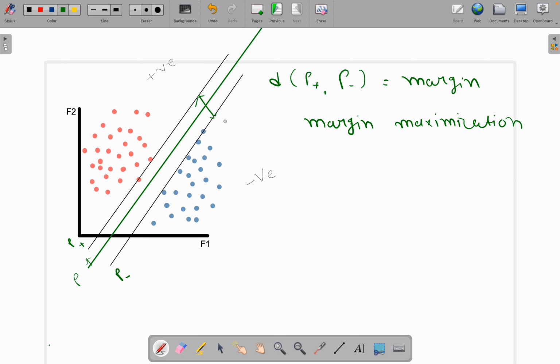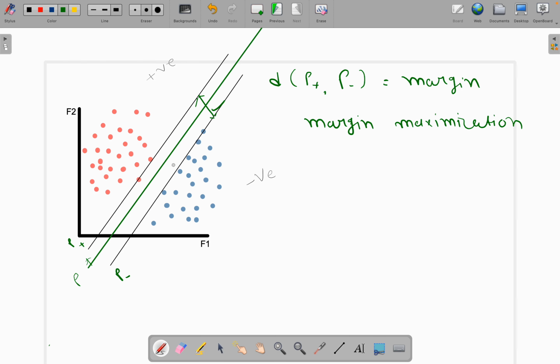So SVM tries to maximize this margin, basically the distance between the positive plane and the negative plane. For prediction, we will use this plane. This P plus and P minus we are taking as a reference to find the maximum margin, so that we find a plane which can separate my positive and negative points as far as possible, or this distance could be as wide as possible.